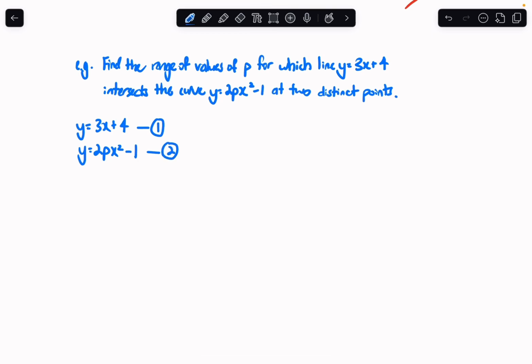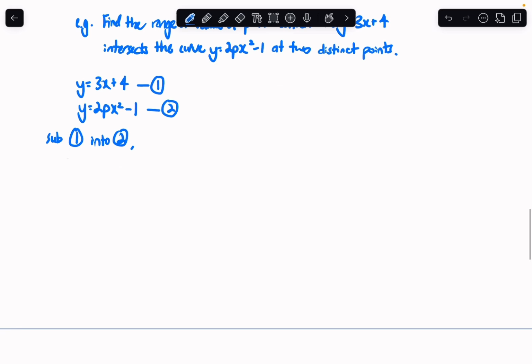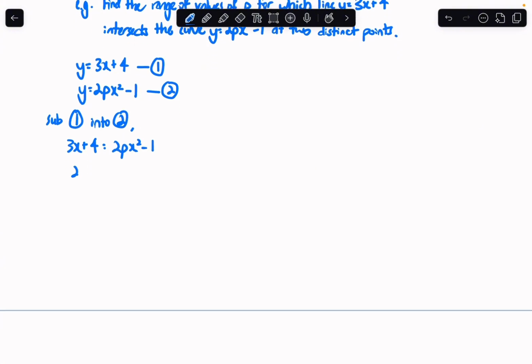So we just do substitution, sub 1 into 2. 3x plus 4 equals 2px squared minus 1. Let's make it into an equation on one side: 2px squared minus 3x minus 5.